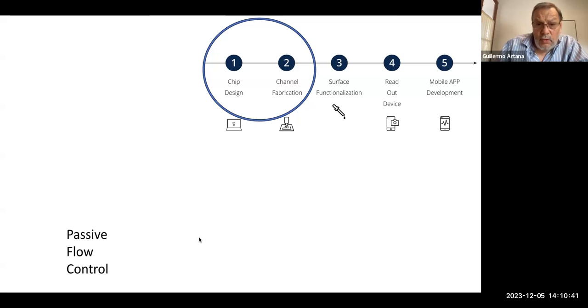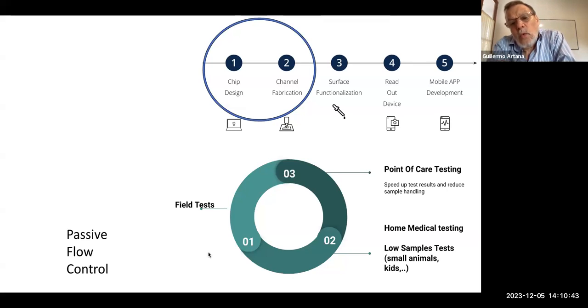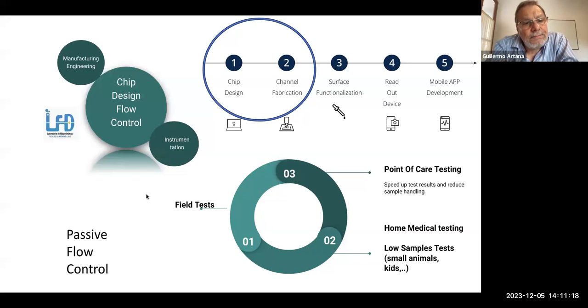In passive flow control devices, we are now thinking that we can help some industries and enterprises to produce point-of-care testings, home medical testings, and applications related to low sample tests, like for small animal kits and so on, and also for field tests, when you don't have all the equipment you require or that you may have at the lab.